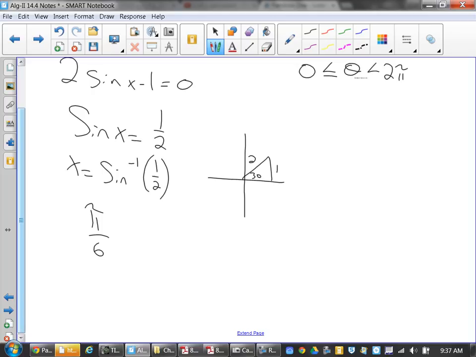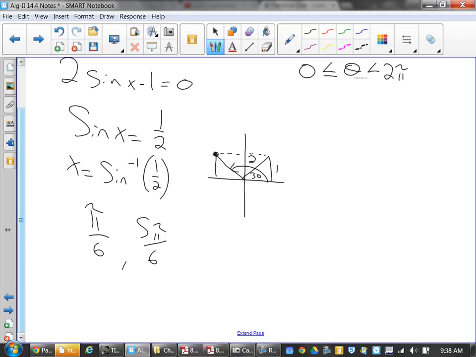Second quadrant. In the second quadrant, y is positive because it's over here. What is the value here? Perfect. So those are your angles. The angles that have the sine value of 1/2 within one revolution are pi over 6 and 5 pi over 6. And that's it.